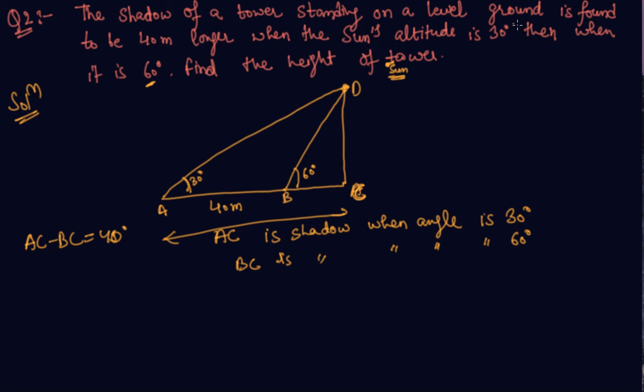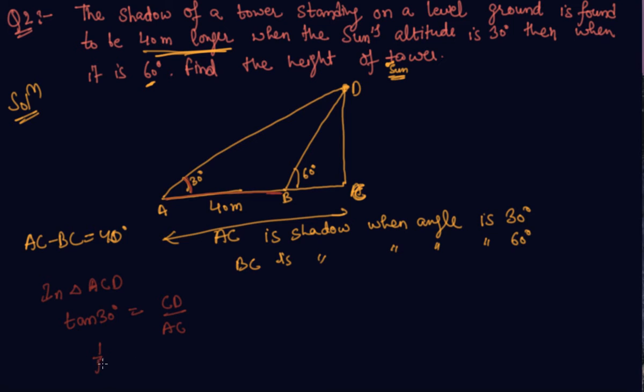The shadow of a tower standing on level ground is 40 meter longer than the shadow when the sun's altitude is 60 degree. This is what it means. So here in triangle ACD, tan 30 will be equal to CD upon AC.